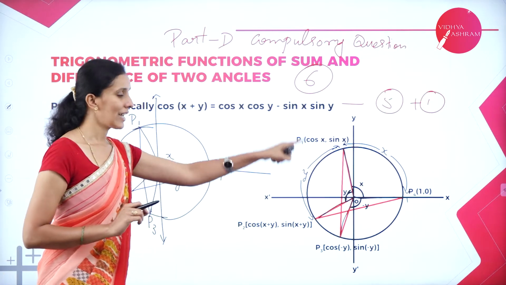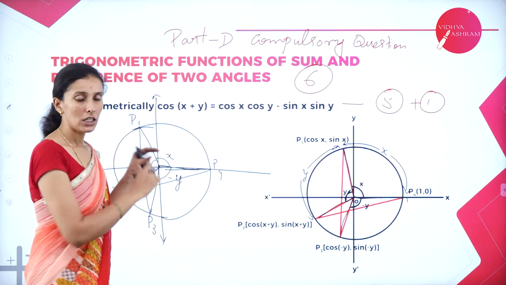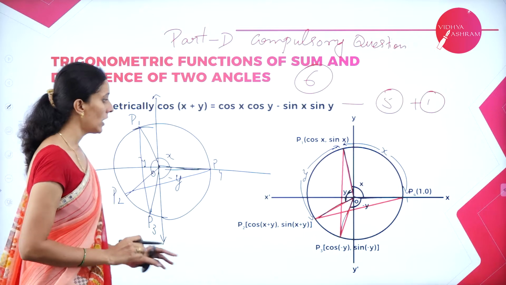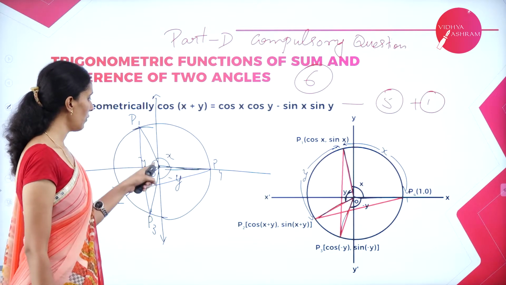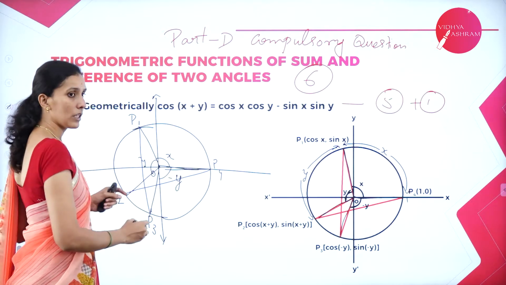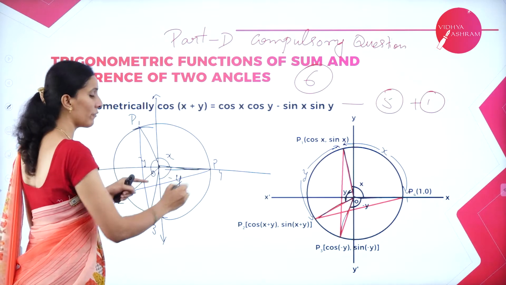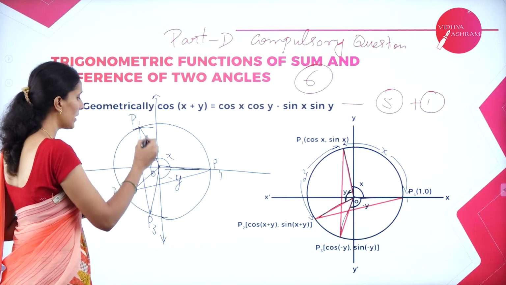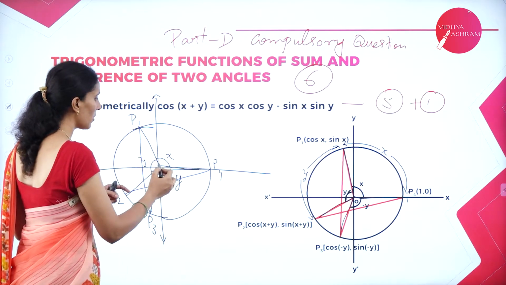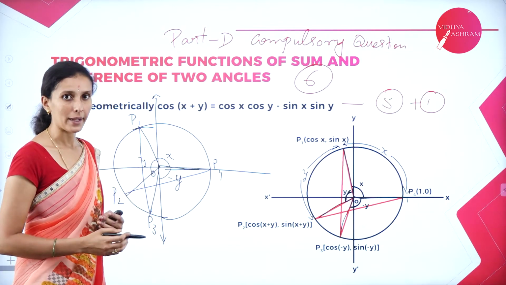Whatever you are constructing in the circle, you have to explain it in words. I'll explain once again. Consider the unit circle with O as the origin. Let x be the angle P1OP4. Next, angle P1OP2 equal to y be one more angle. P3OP4 be one more angle.